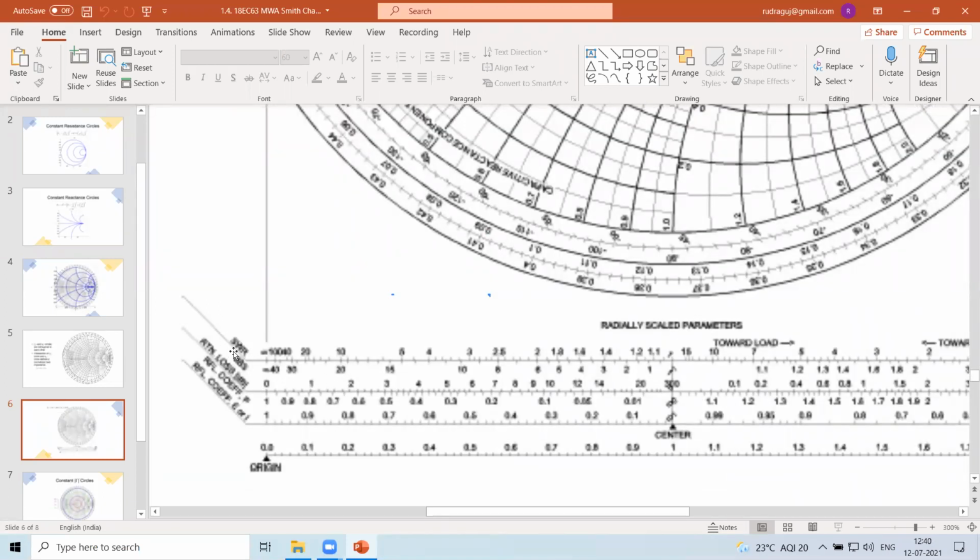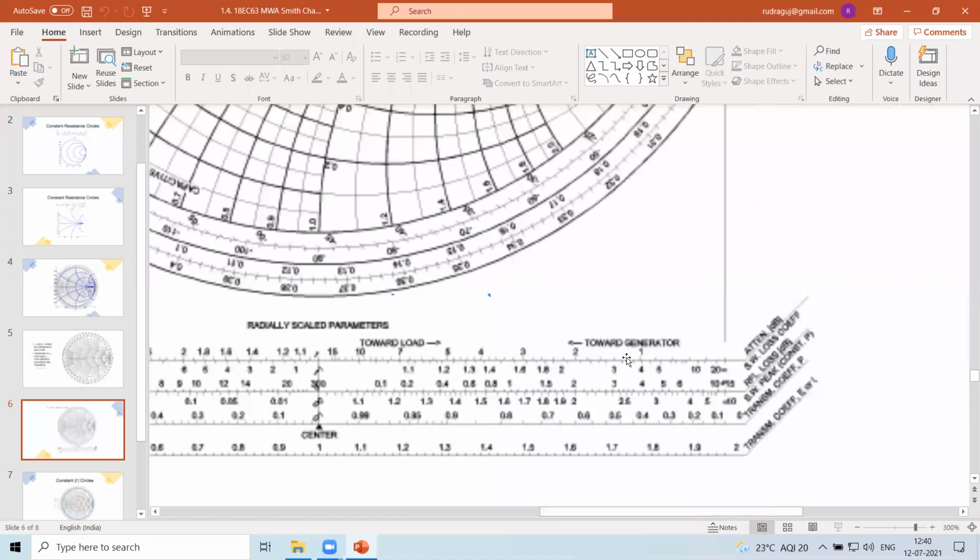You can observe SWR in dB in your regular notations. Then you have the loss factor. Then you have the reflection coefficient in different forms. On this side, you can see it is towards the load, and this side is towards the generator. When we start solving problems, we'll get to know in what direction I should be moving and what I have to consider. Those are the things you can look out for.